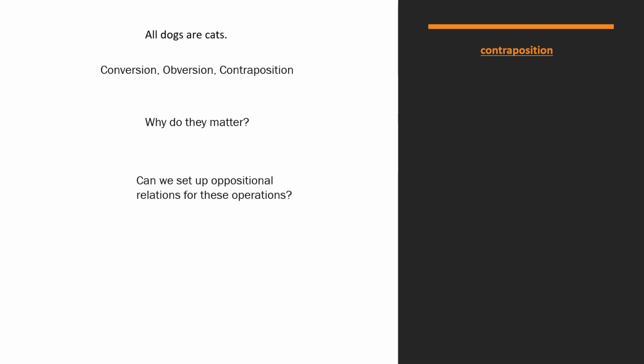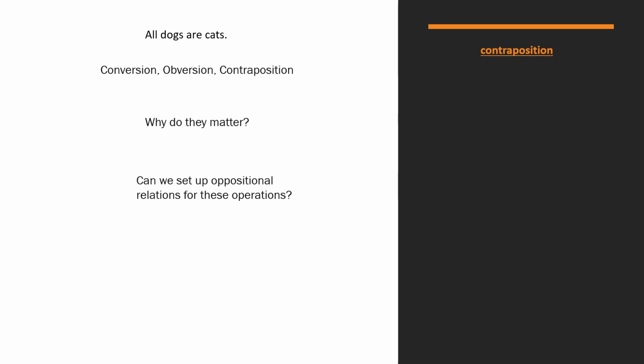But for obversion, because they are all identical or similar, you can get the same truth value. So if an A proposition is true, then its obverse is necessarily true as well. The same principle applies with the rest of the propositions for obversion. But in contraposition, you can only get to the same or identical propositions, right?